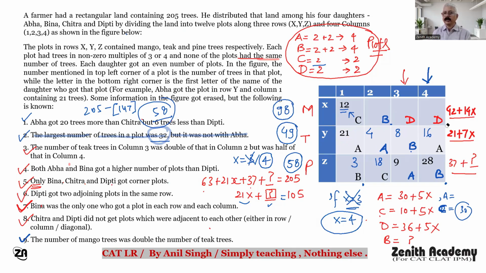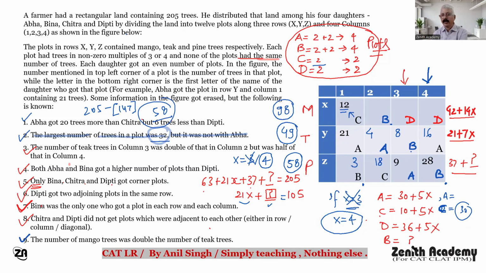Okay, now what about this B and D? So this way, when you know the number of trees with A, C, and D, the total 205, then you can find the number of trees with B. So it is 58.